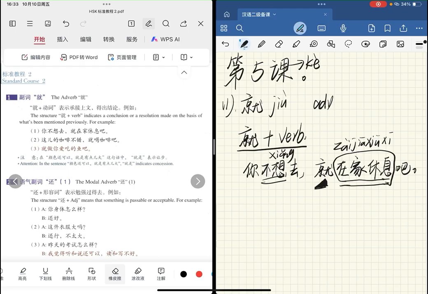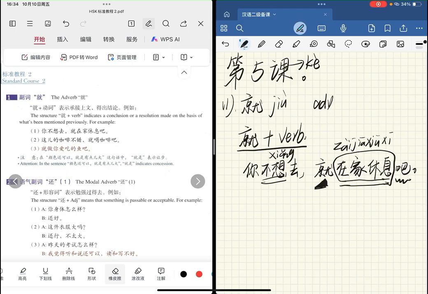And there is a 吧 at the end of the sentence that makes it sound like a suggestion, with a softer tone. Sometimes you want to give a suggestion and you want it to sound softer, and you can add 吧。在家休息吧, and you just give someone a suggestion.